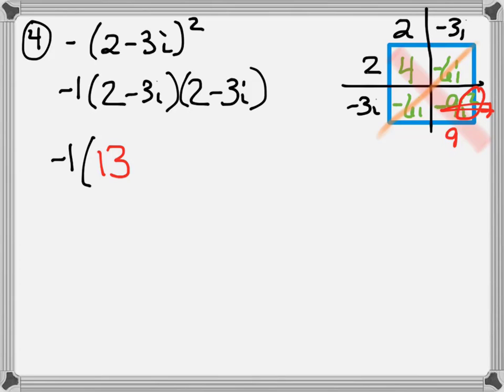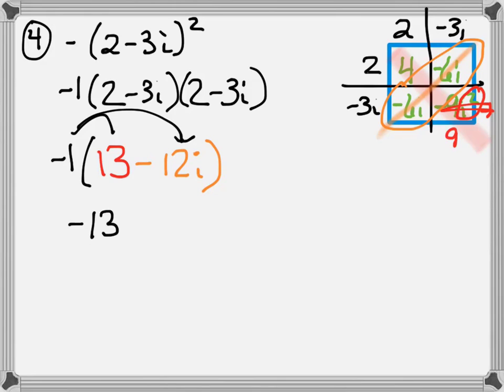Then our imaginary portion, negative 6i plus a negative 6i is going to give me a negative 12i. And the last step is we're going to take that negative 1 and distribute it to both parts. So that gives me negative 13 plus 12i.